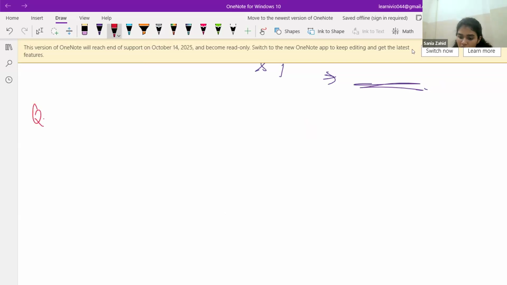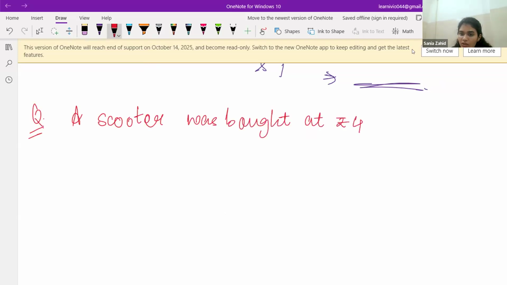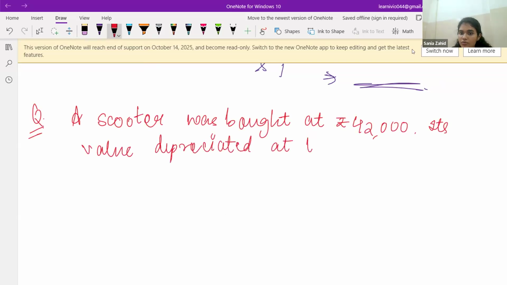This question is: a scooter was bought at rupees 42,000. Its value depreciated at the rate of 8% per annum.